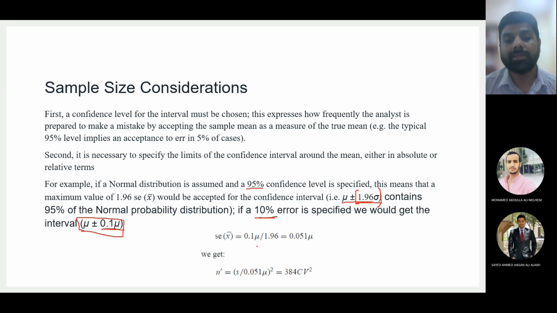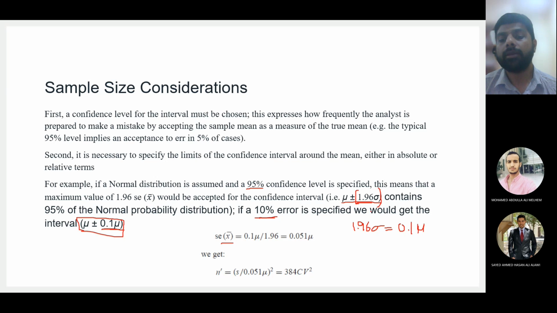Let me write the equation here: 1.96 sigma equals 0.1 mu.